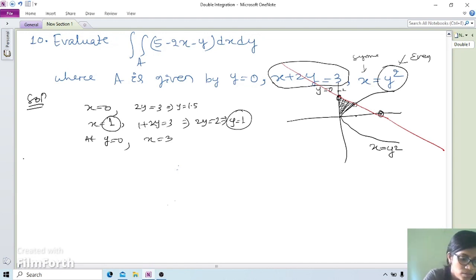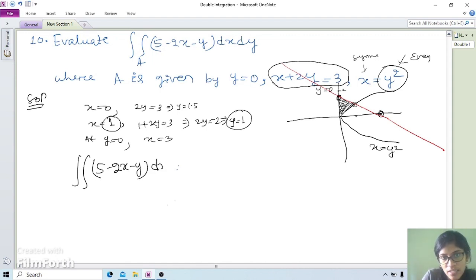Here, the given question is integration of 5 minus 2x minus y into dx dy. Here x varies from x equal to the parabola at the lower part of this shaded section, which is x equal to y square.